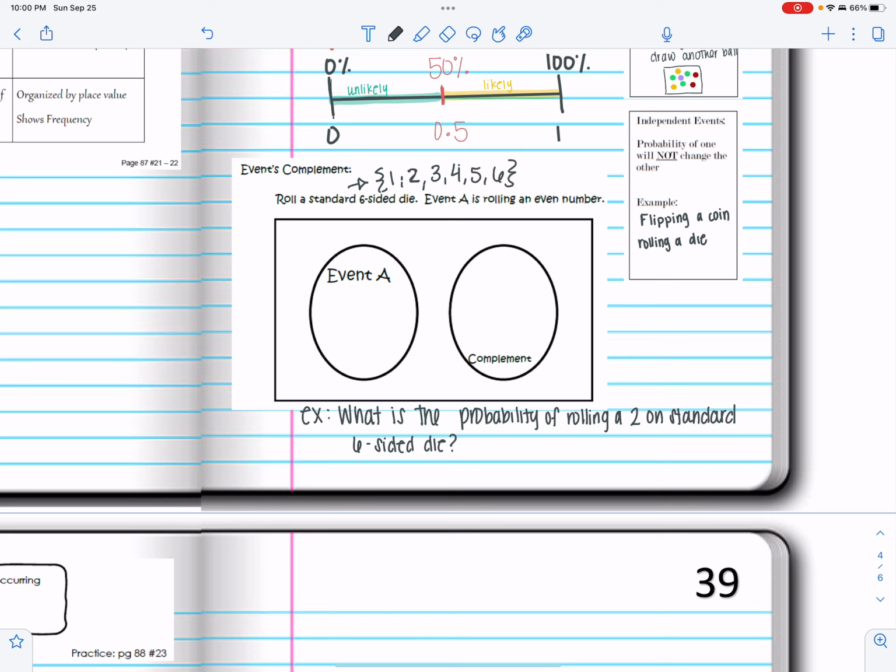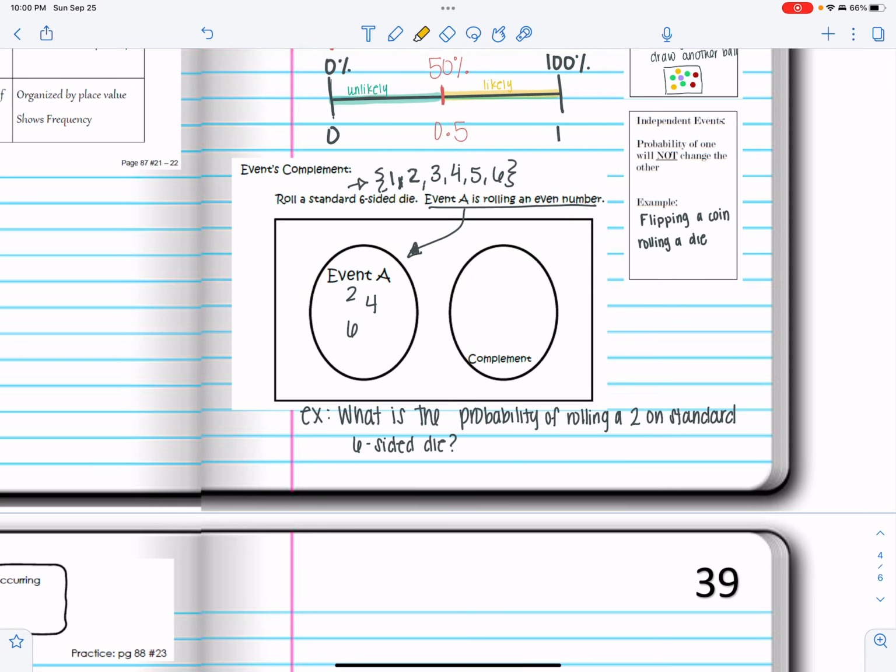We call that our sample space. Sample space just means list out all the possible outcomes. And so if I roll a die, I'm going to get a 1, 2, 3, 4, 5, or 6. Well, event A is the even number. So over here in event A, I want to write down the even numbers: 2, 4, 6. There are more even numbers, but I can't get them on my die.